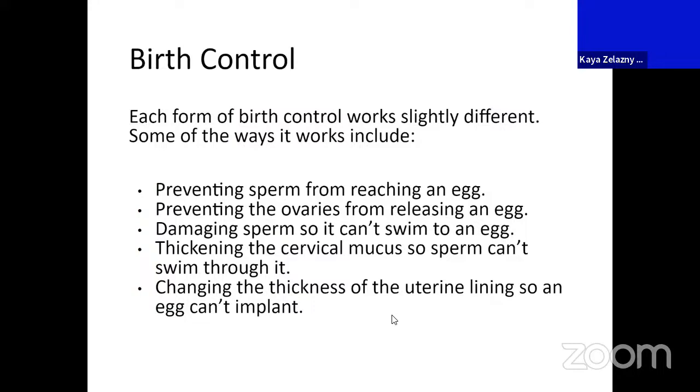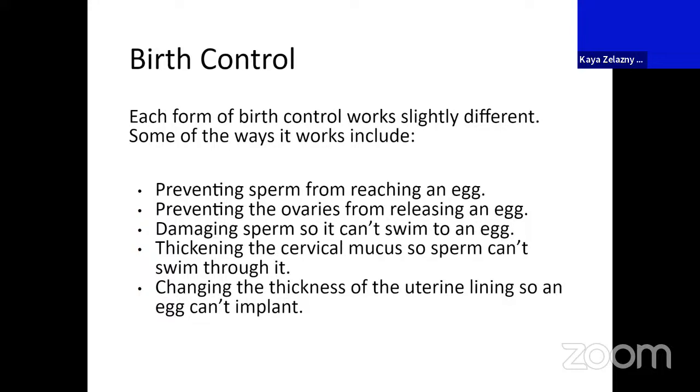So when we think about birth control, which if you're planning to be a healthcare practitioner of any type, you will certainly encounter, you can basically attack any part of these processes, right?